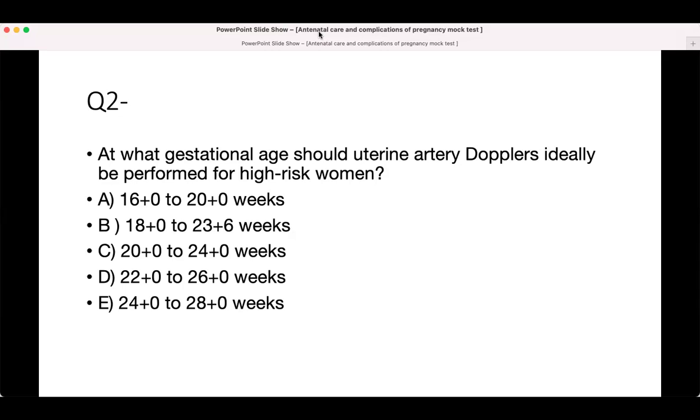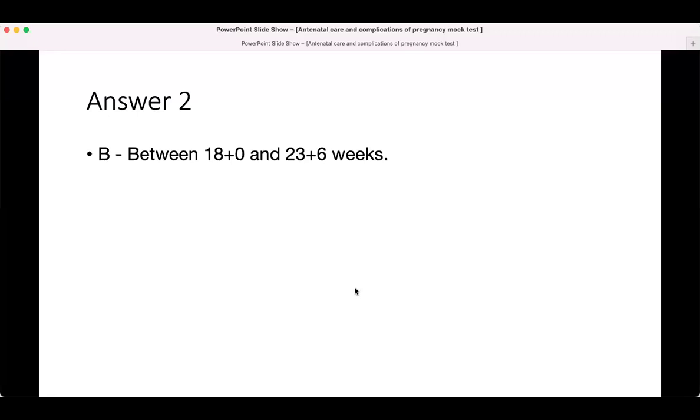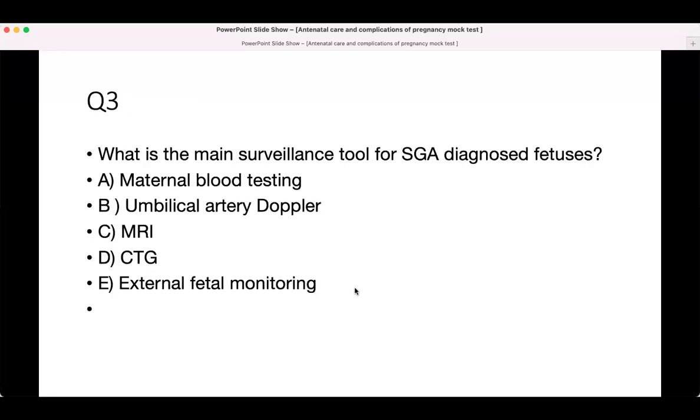And based on the new guideline, the high-risk individuals are invited for the screening between 18 to 23 plus 6. Okay? Screening by the uterine artery Dopplers, okay? From 18 to 23 plus 6. Okay? So this is regarding the update.